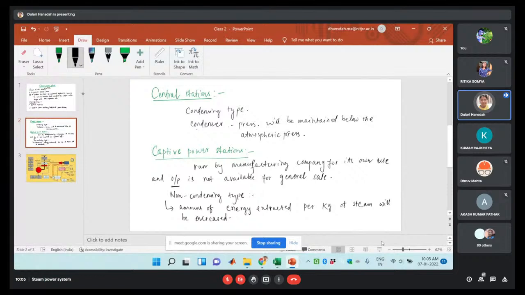In this case, the given size of your turbine will develop more power because the steam is again utilized for certain operations.